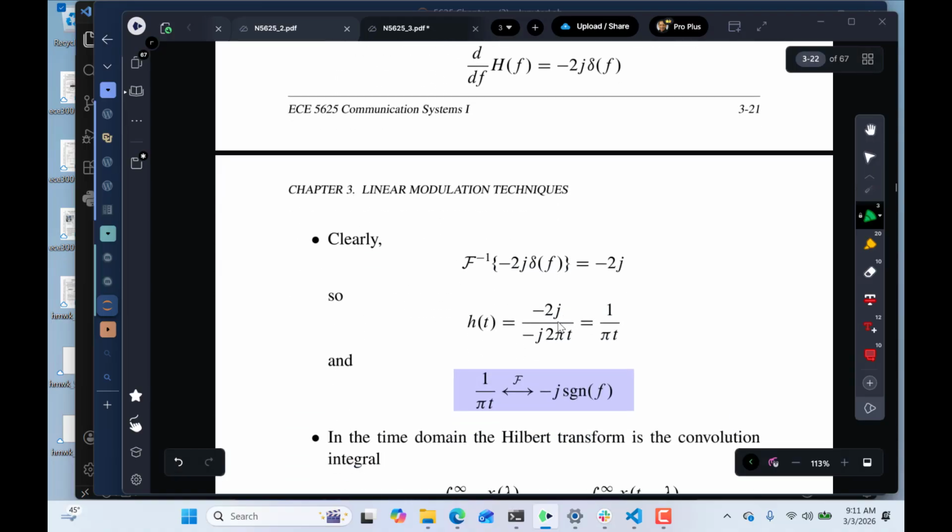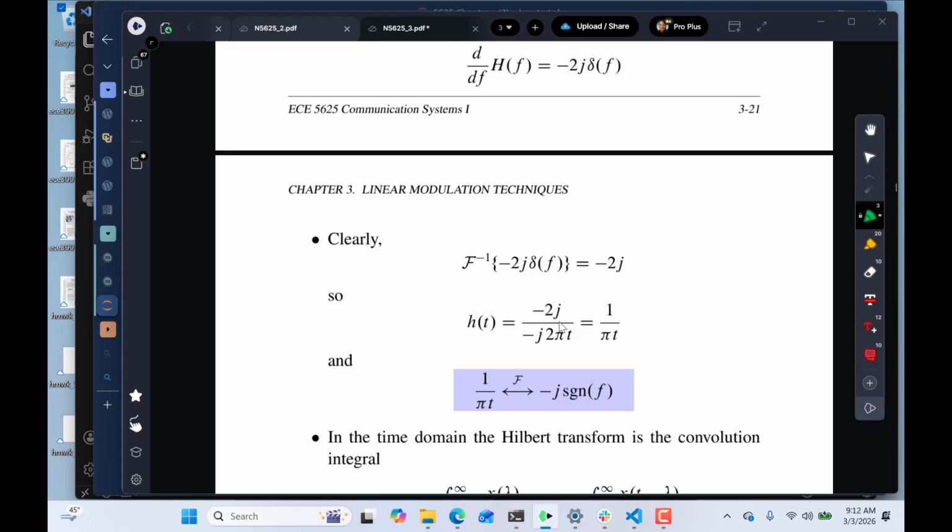I'm just stepping down through this, and we can get this next blue boxed equation, which says that 1 over pi t is the impulse response of the ideal Hilbert transforming filter. I'm just displaying that. I don't really ever suggest that you want to work with this because this is not an easy function to work with.